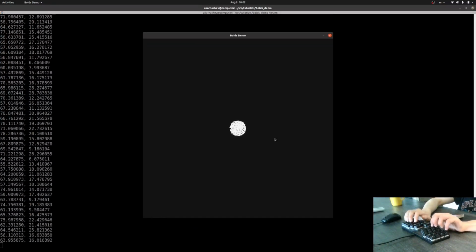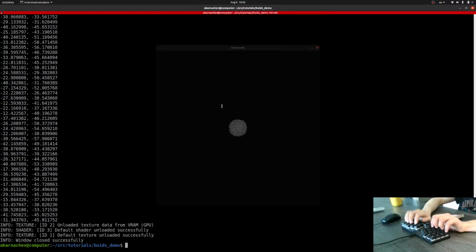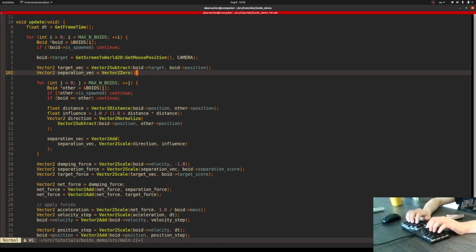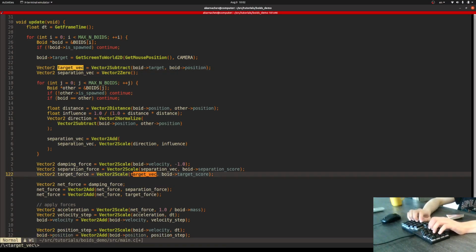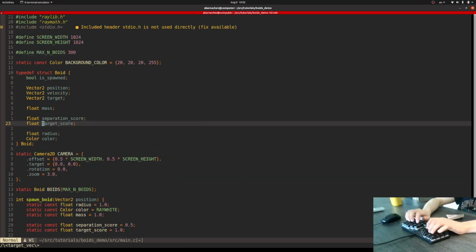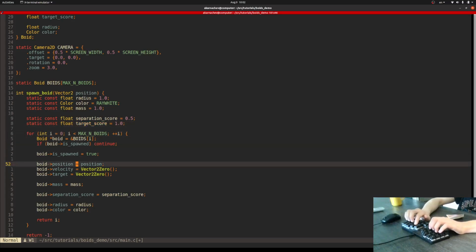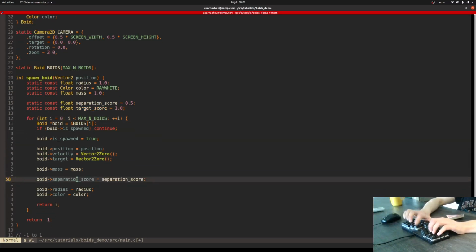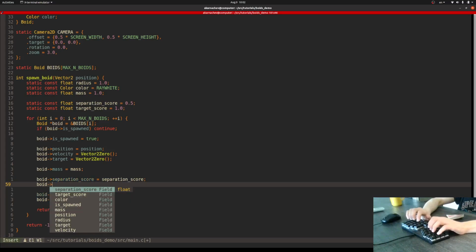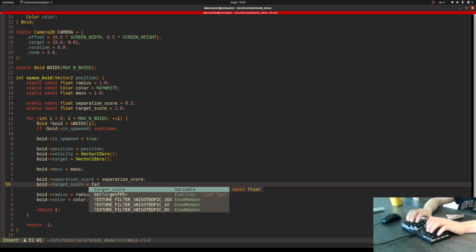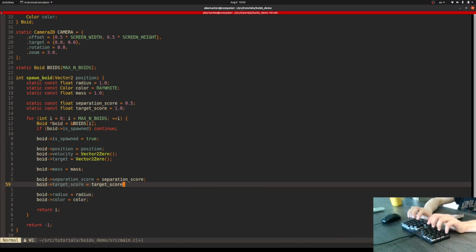It's not 0. Okay. Yeah, it's changing. Target force for some reason is 0. Because I never set target force to the Boid target score. Sorry, I meant target score.